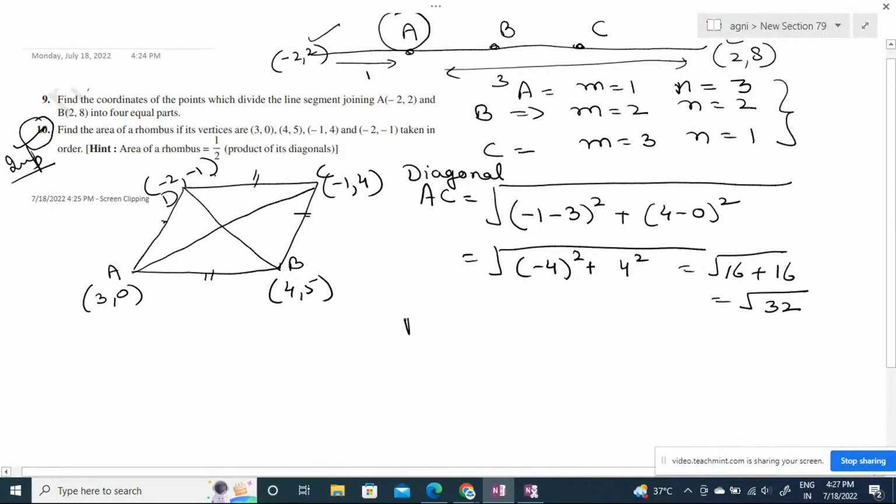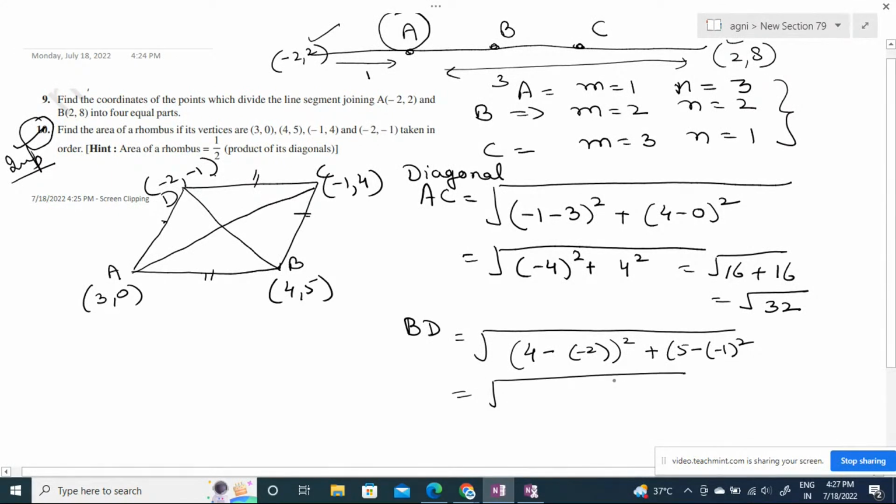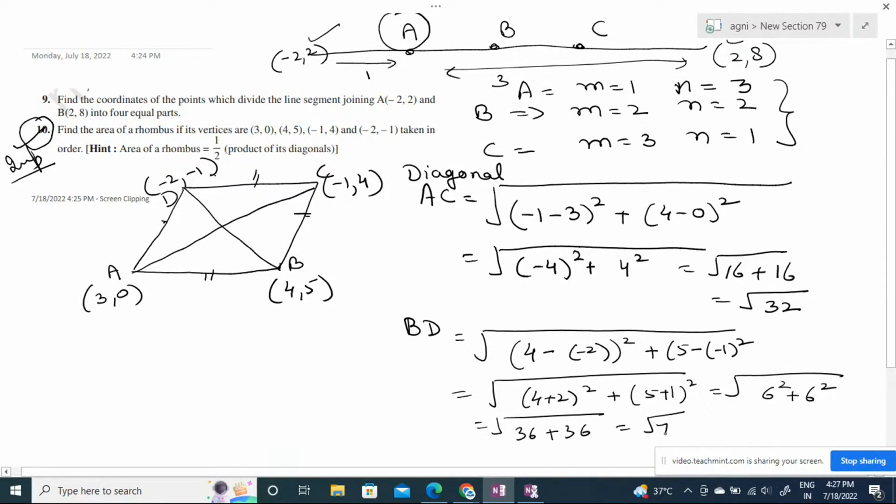Now similarly, BD is equal to the square root of (4 minus -2) whole square plus (5 minus -1) whole square. Which is equal to 4 plus 2 whole square, 5 plus 1 whole square, which is equal to 6 square plus 6 square, that is 36 plus 36, that is 72.